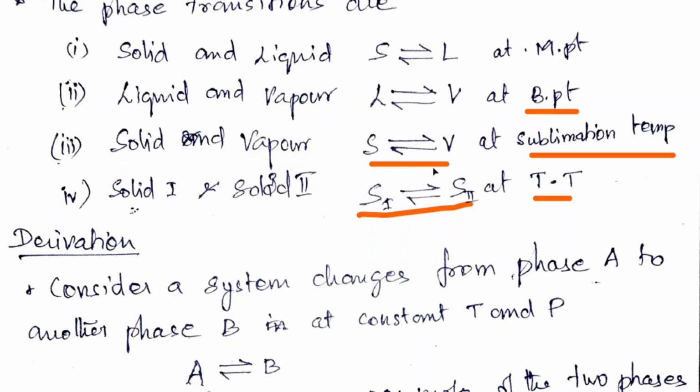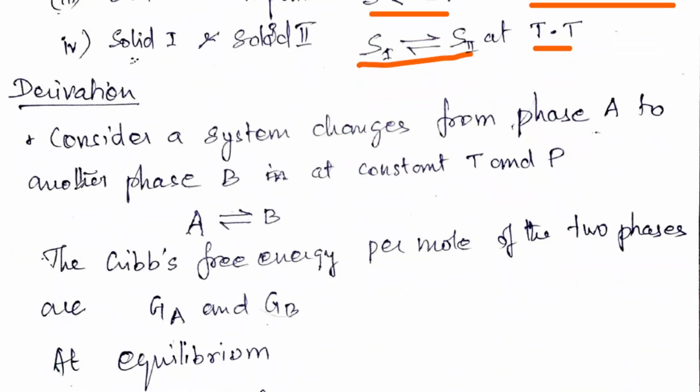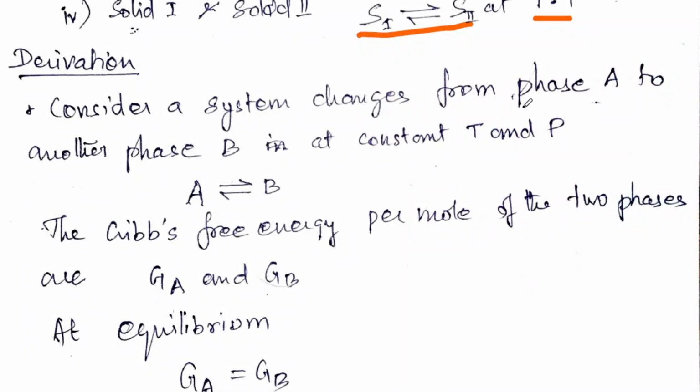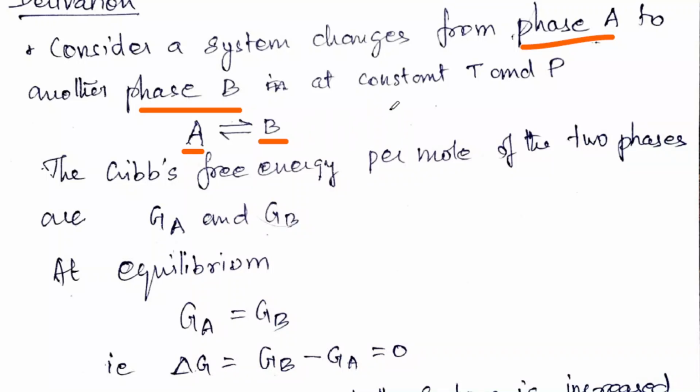Okay, for the derivation, let us consider a system that changes from phase A to another phase B, maybe any phase transition at constant temperature and pressure. Let us consider A and B are in equilibrium.